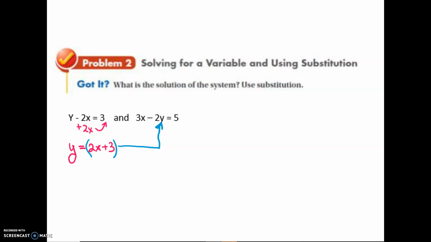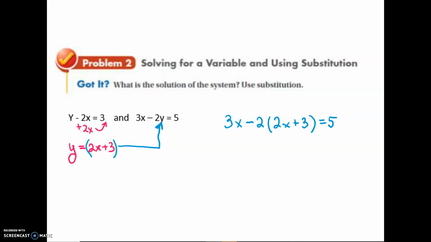So it's going to replace the y in the second equation. 3x minus 2, instead of y, we will have 2x plus 3 equals 5.